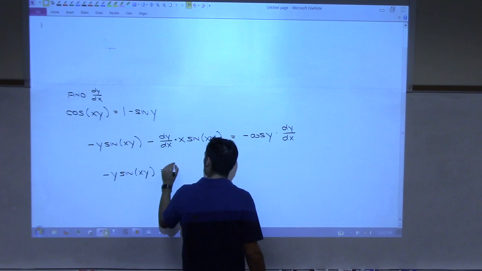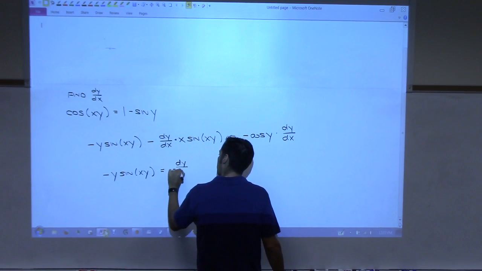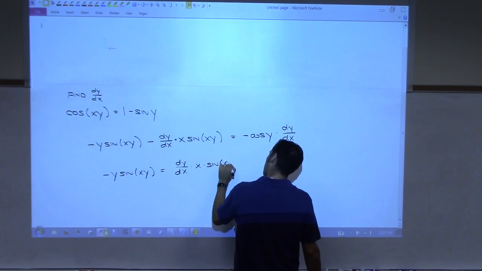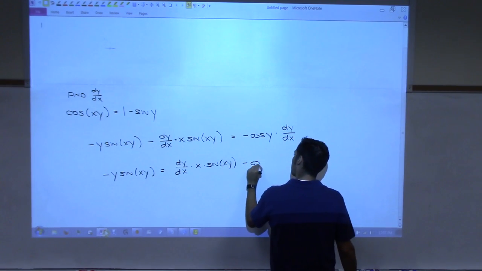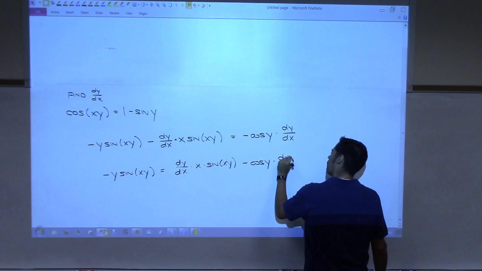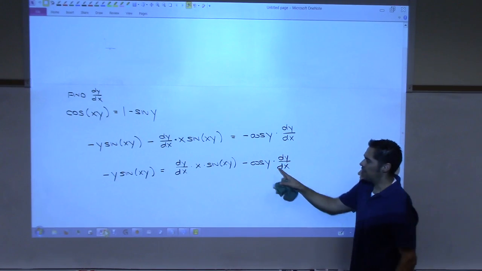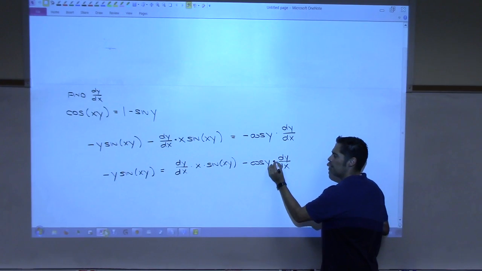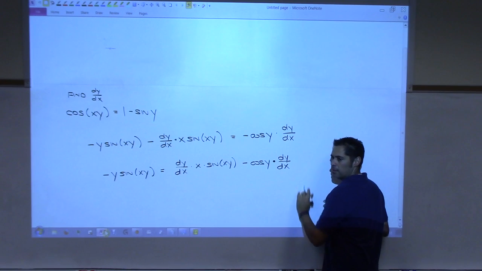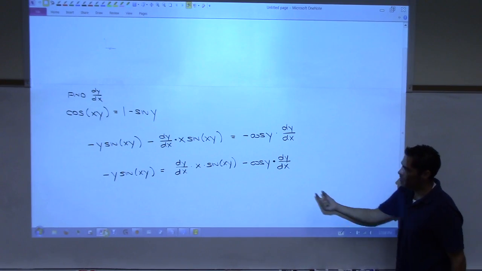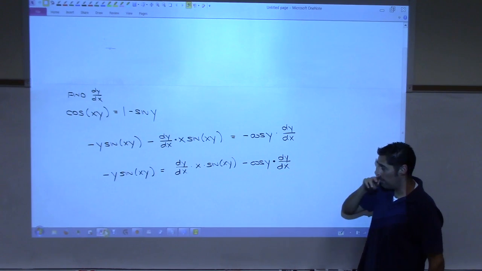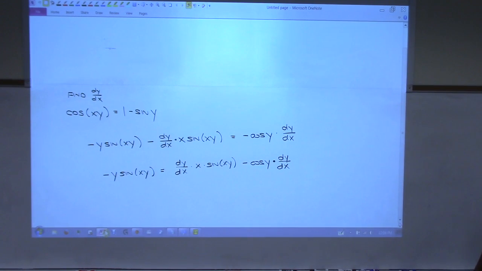It's just my personal preference. I don't need all these dots everywhere. It's implied multiplication, but I do them just to stress like this is not being multiplied inside with the cosine. It's separate. You could put parentheses on this y to kind of really stress that the argument is just the y, not the y dx.